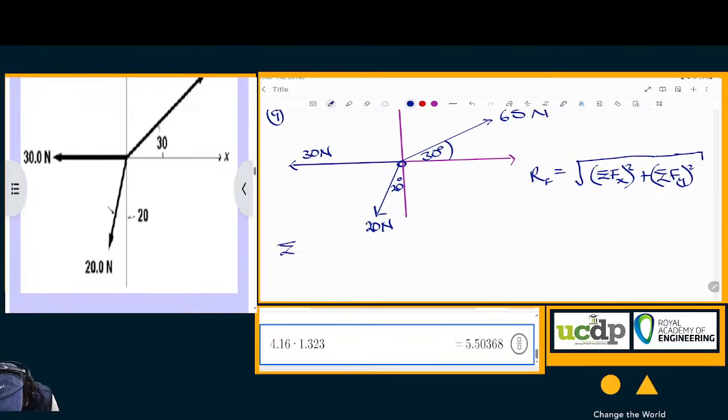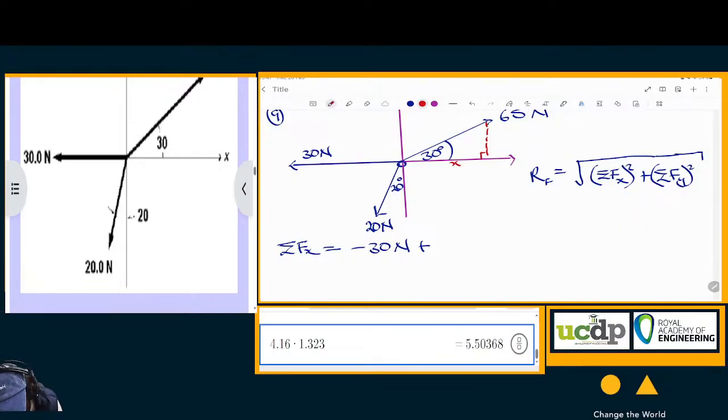So the sum of forces in the x is going to be equal to negative 30 newtons plus this, which we have to resolve to find its component along the x direction.